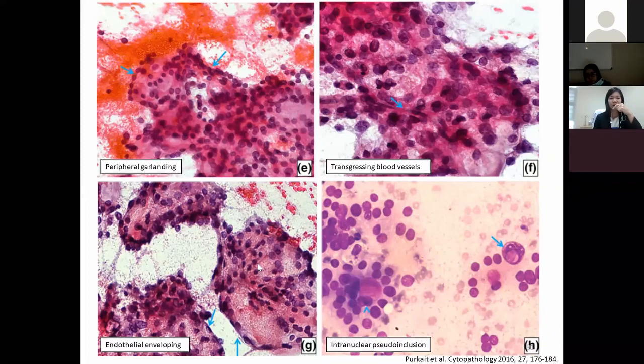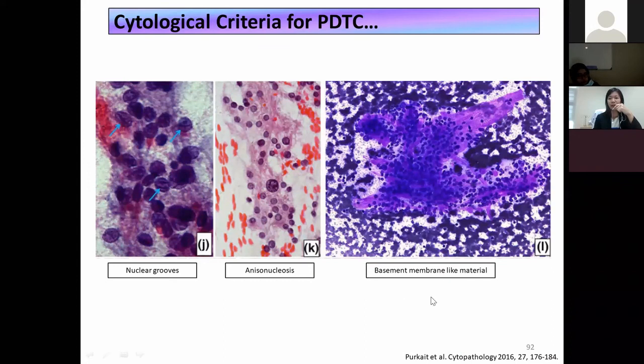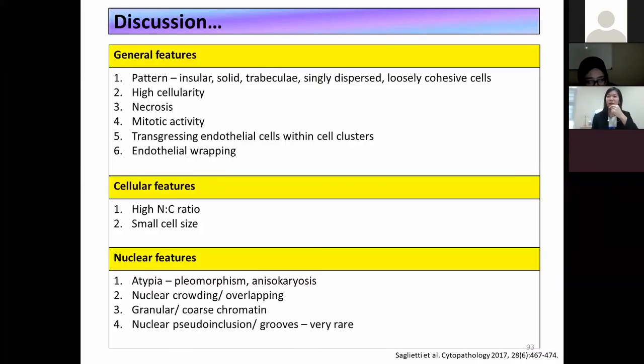Rarely, in this review, out of 7 cases, they found 1 case with nuclear inclusion and nuclear grooves, mimicking that of a PTC, and they tend to have nuclear anisonucleosis. And like Dr. Yati's case, they also have this basement membrane-like material. So you may be confused with a salivary gland neoplasia as well, right? So this is a very difficult entity.